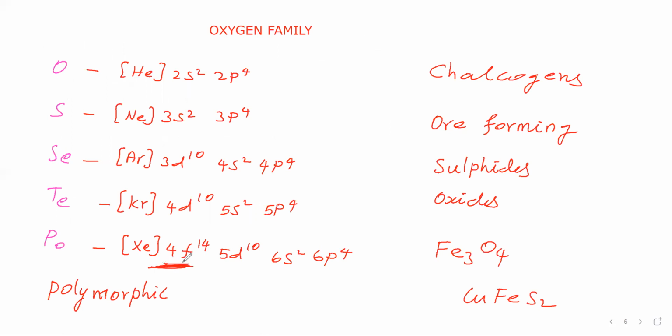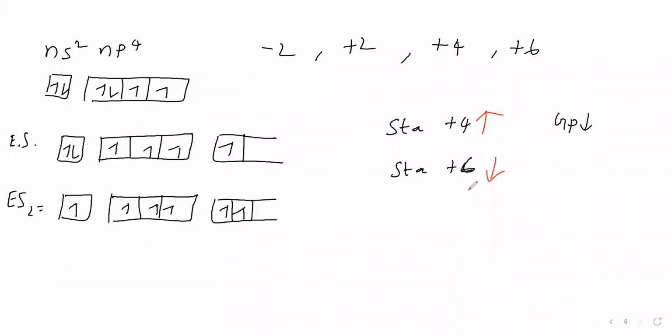This 4f14 is not allowing the 6s electrons to unpair. Therefore, due to this inert pair effect, +6 stability is low. Down the group, the inert pair effect increases. Therefore, +6 stability decreases and +4 stability increases.